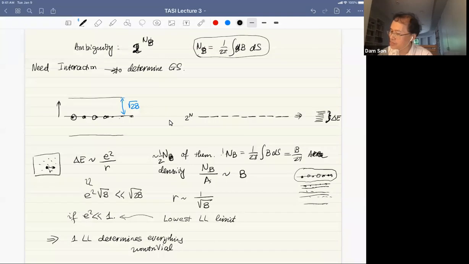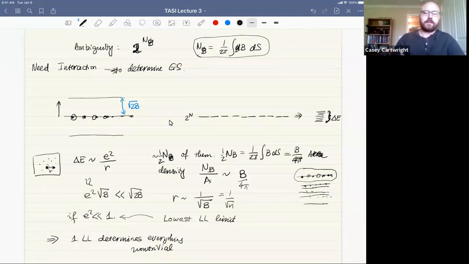Since 1/2 NB is B divided by 4 pi times the area, the density of electrons is B divided by 4 pi. So now we have the density. That means that the distance is just 1 divided by the square root of density, and that is 1 over the square root of B. I see. Okay, thank you.